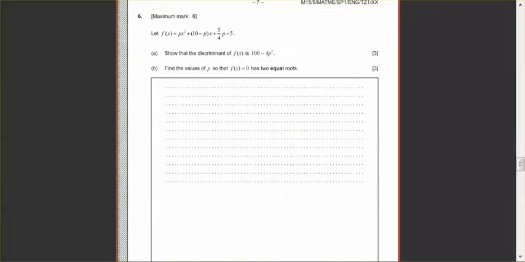Okay, so look, you know the discriminant is b squared minus 4ac. I put brackets around there. So what is b? 10 minus p, yeah. A is p and c is 5 over 4p minus 5.